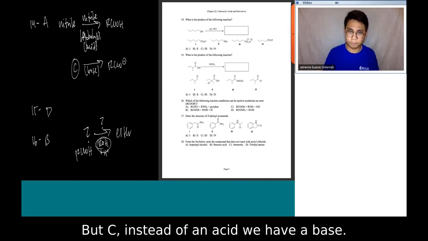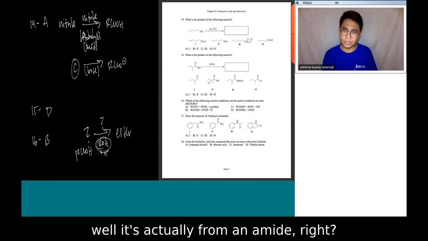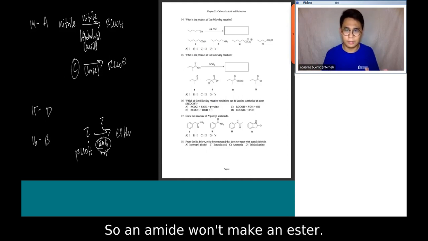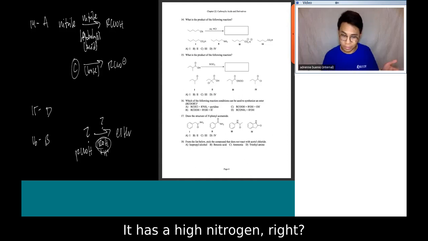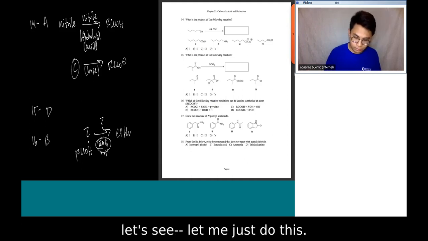But in C, instead of an acid, we have a base. So that's not going to make an ester. And in D, actually, it's from an amide, right? An amide won't make an ester because it has a nitrogen, right? Okay. And actually over here, let me just do this one.